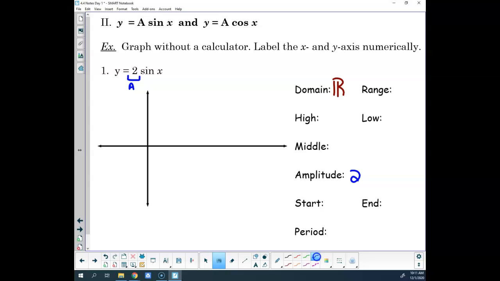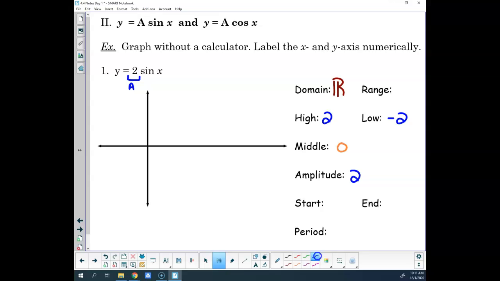Since there are no other shifts in this graph yet, because we're just starting, our middle is going to stay at 0. So if my middle's at 0 and my amplitude is 2, that means my high value is at 2, my low value is at -2.